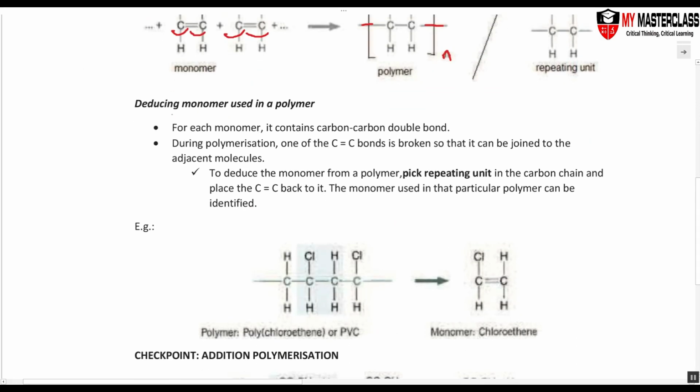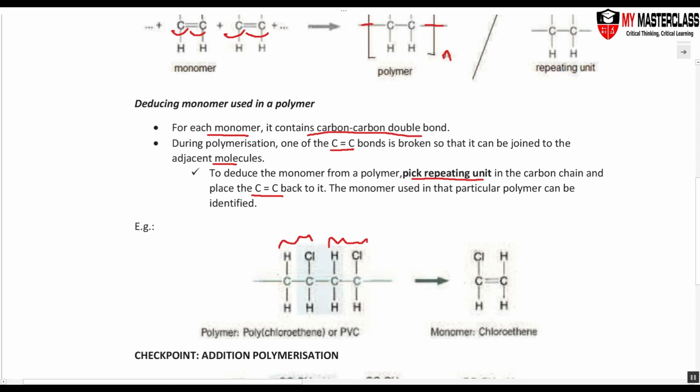Okay, so how do we deduce monomers from polymers? For each monomer, especially in your addition reaction, it will contain a carbon-carbon double bond. During polymerization, your double bond opens up and joins to the adjacent molecule. So to deduce the monomer, pick the repeating unit and then put the carbon double bond back. If you have a polymer that looks like this, which one is repeating? This is one unit that's repeating, this is two units that's repeating.